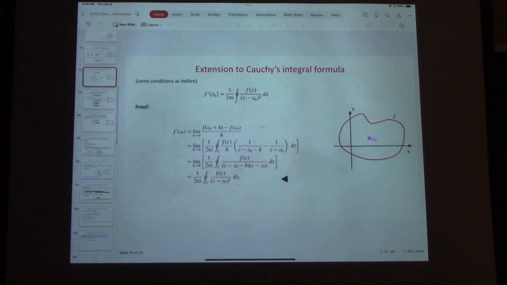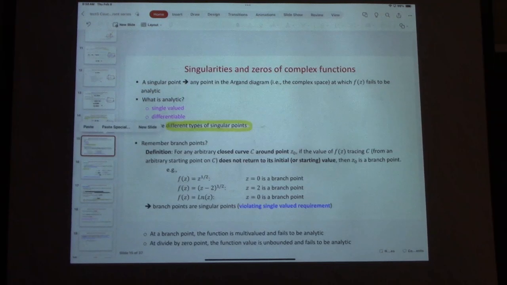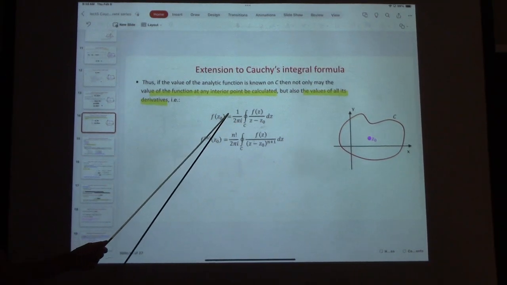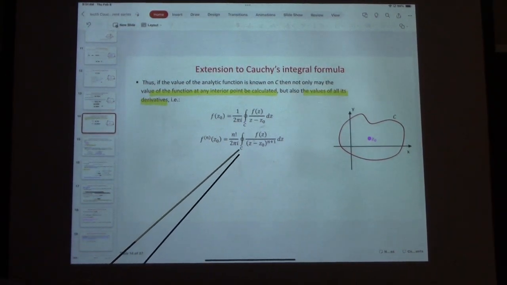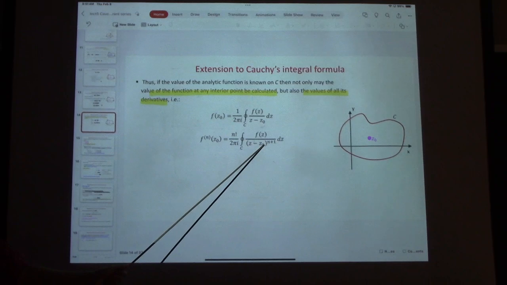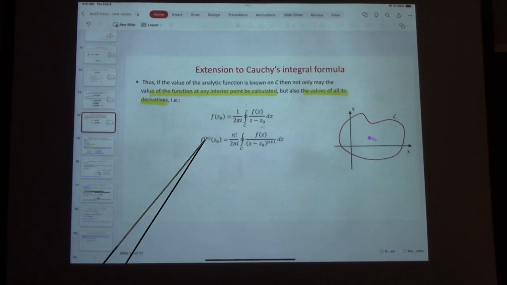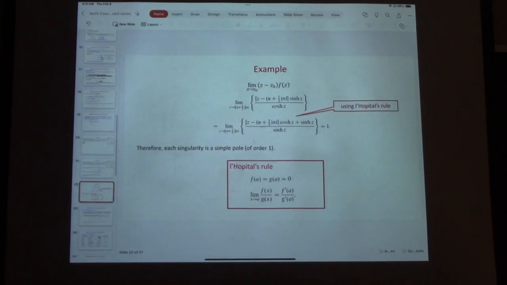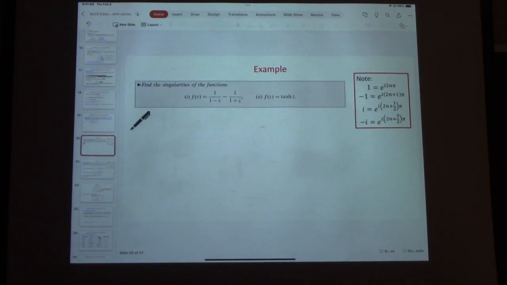Where's the Cauchy formula? This one. Okay. So this is the 0 order. This is the nth order. So if you see this factor at the bottom, it is linked to the nth order thing. That's exactly what we want here.